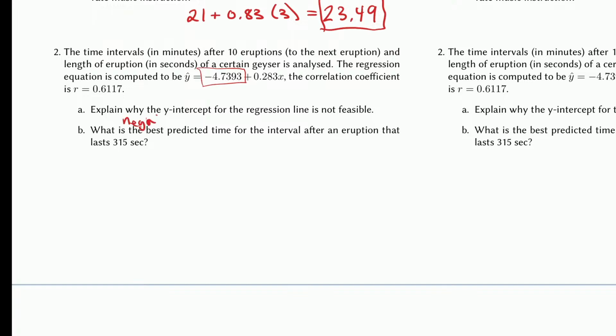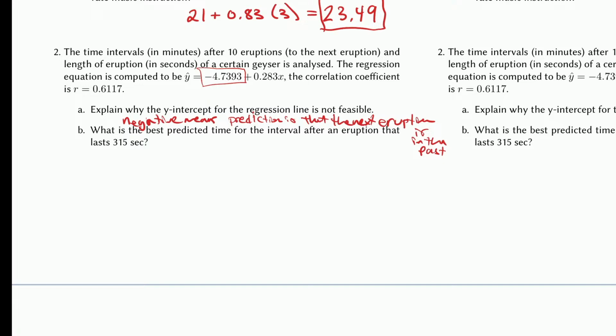Negative means, so I'd probably write something like this, means that the next, let's see, the prediction is that the next eruption is in the past. So, like saying that the next exam that you're going to have is 2 weeks ago. That doesn't make any sense to say that the next one is going to happen sometime in the past.